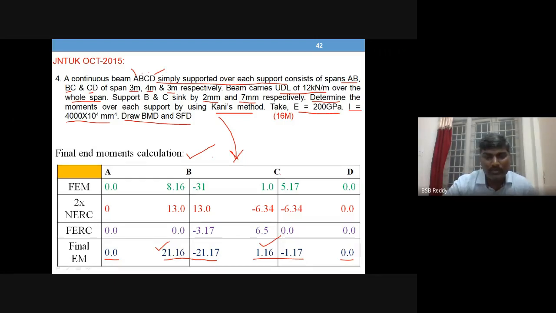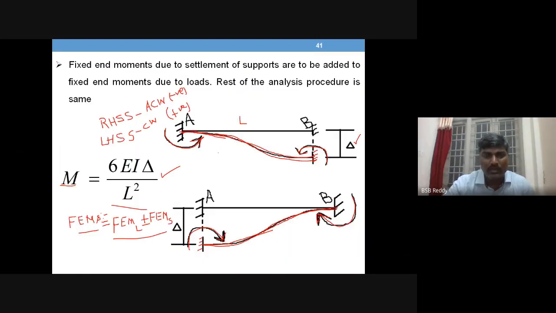There is no change in the procedure. Whatever we have discussed for the continuous beam with simple ends shall be followed, and you have to incorporate the fixed end moments from sinking with the formula 6EI delta by L square, and then find the fixed end moments to be modified by combining fixed end moments from loads and fixed end moments from sinking.